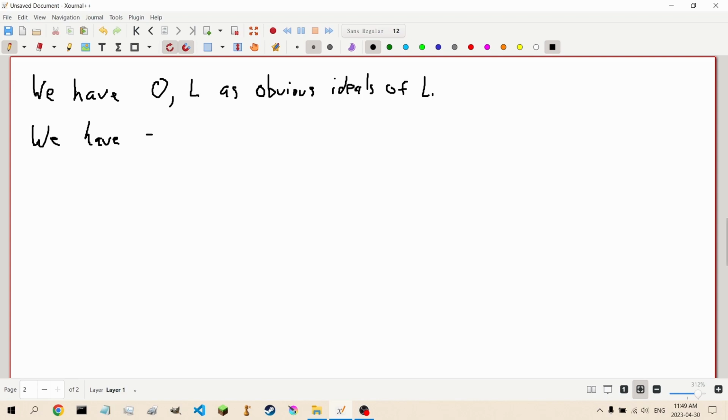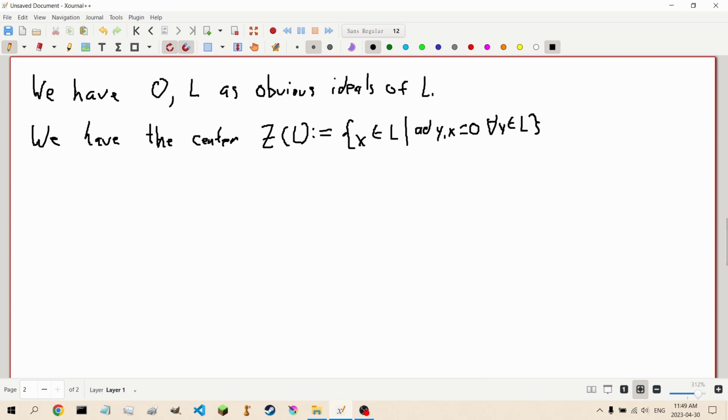We also have the center of L, which we define as the elements of L such that its bracket with everything is 0 in L. This is also an ideal.